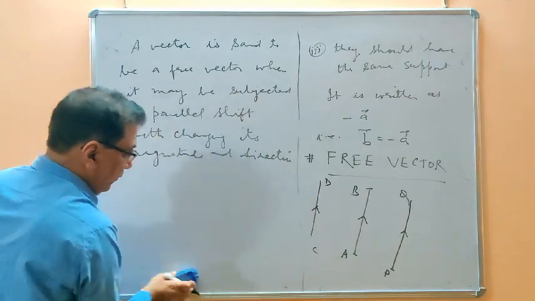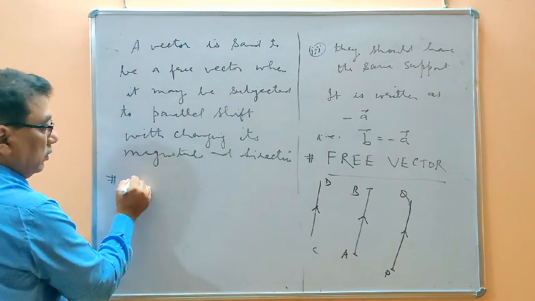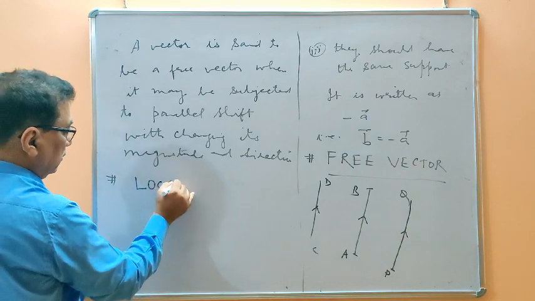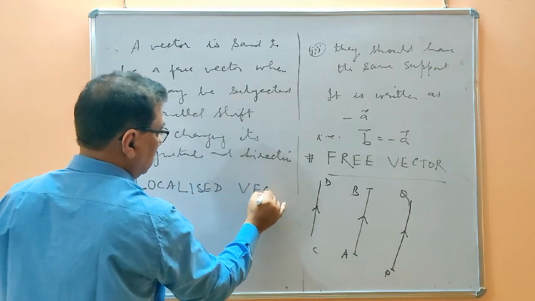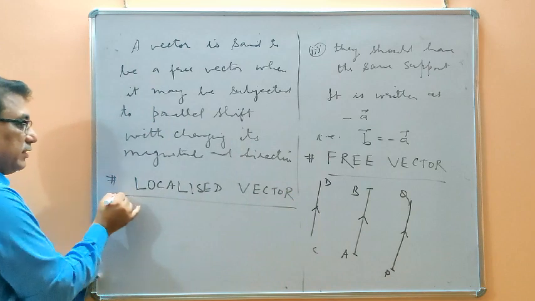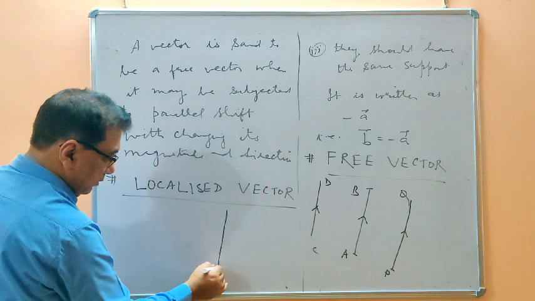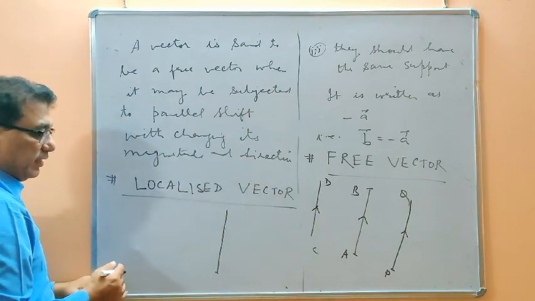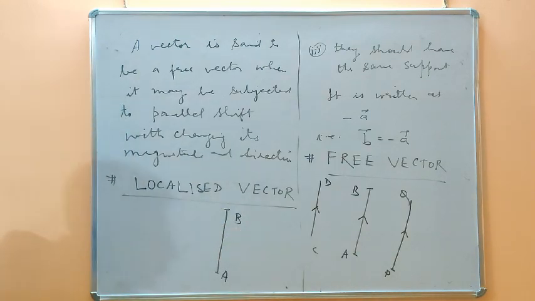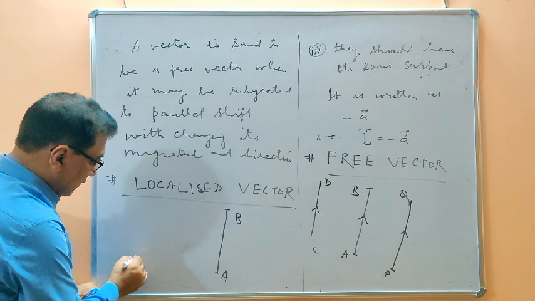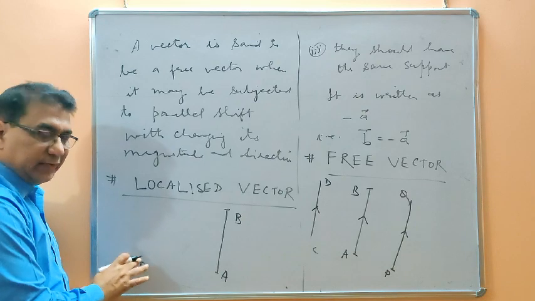Now, immediately after comes localized vector. Now we have one restriction. If you compare it with free vector, suppose AB is a given vector and P is a given point. This is given and P is also given. P is a fixed point. Okay.